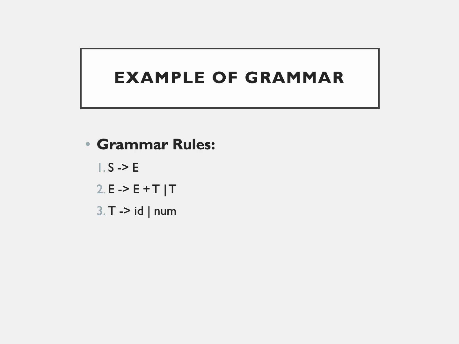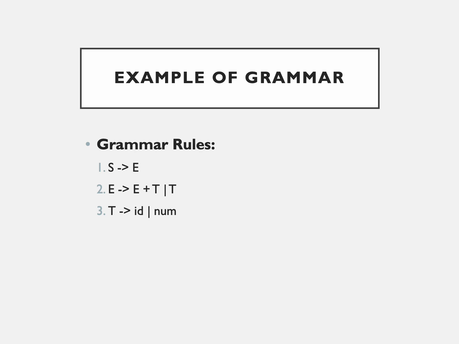Now, this rule allows for constructing expressions involving addition. Then the third one is T pointing to ID or num. This defines T as either an identifier ID or a number num. For example, ID could represent a variable name like x, and num could represent a numeric value like 42. How does it work?